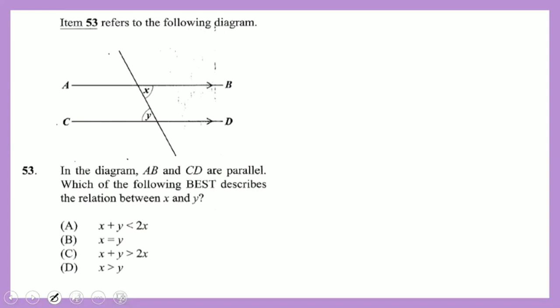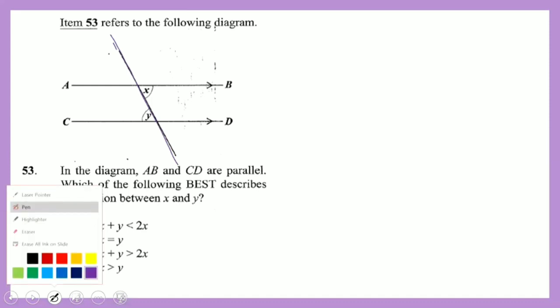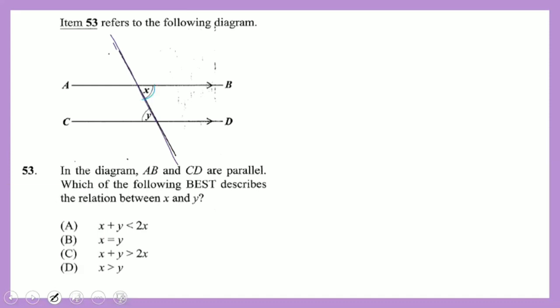We can see that. Which of the following describes the relationship between X and Y? Both lines are cut by a line. We call it a transversal. And we want to know how these two are related. If you notice, they form what is nicknamed a Z angle here, but they're alternate angles, and alternate angles are equal. So X is equal to Y.